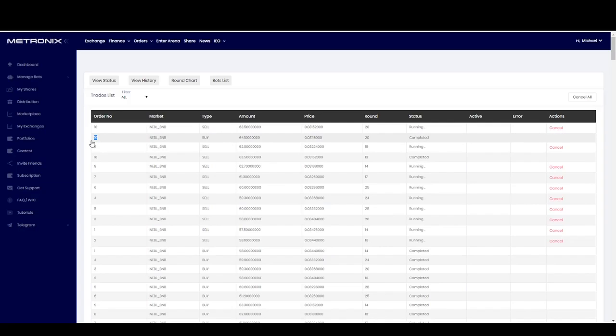It's order number 10, and you see the order is always the same. So it's not like with option number 2 or option number 3. Also the order size, the amount size, will always be the same.